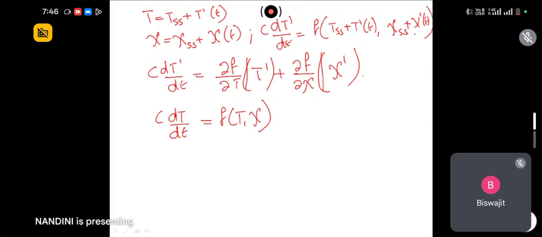After doing the Taylor series expansion, we get this formula: dF by dT into T dash plus dF by d chi into chi dash. Here dT is T prime and d chi is chi prime.